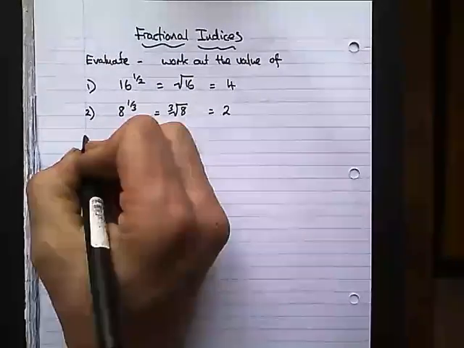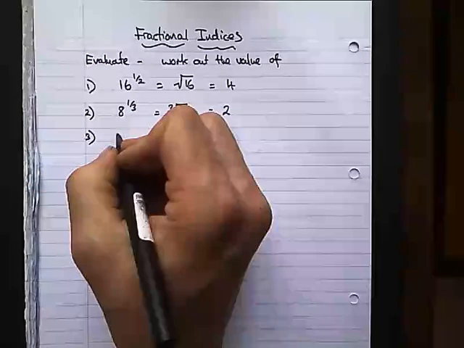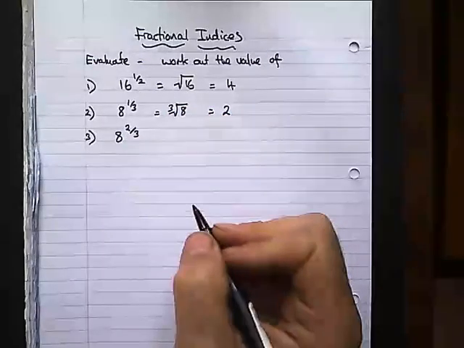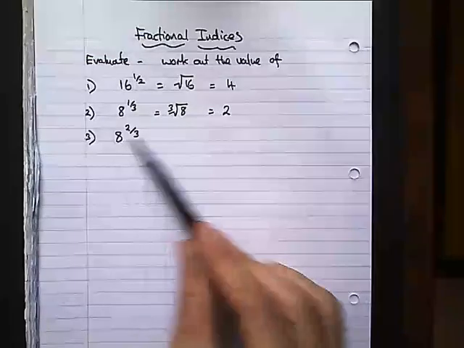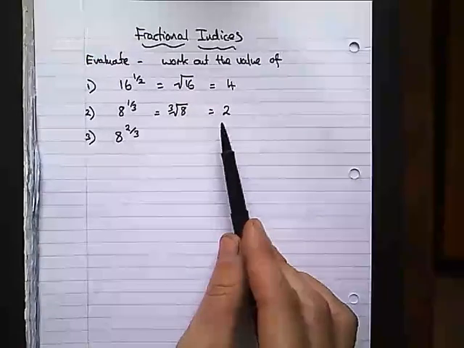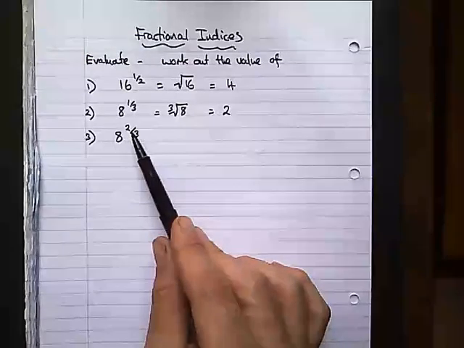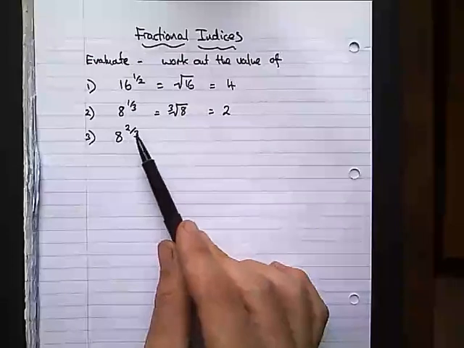So let's have a look at another example. Suppose we had 8 to the power of 2/3. So what I need to do is to work out the cubed root of 8, which we've already done, that's 2. But then when I get that answer, I need to square it. The number on the top tells you what to do with the answer once you've cubed rooted it.